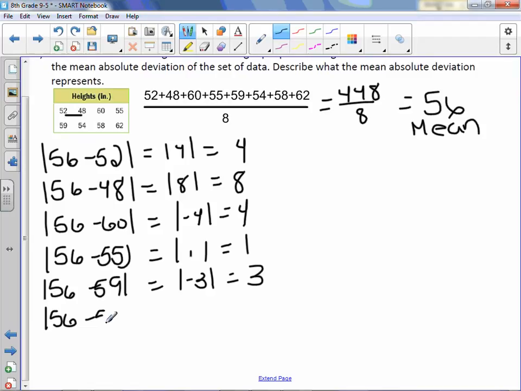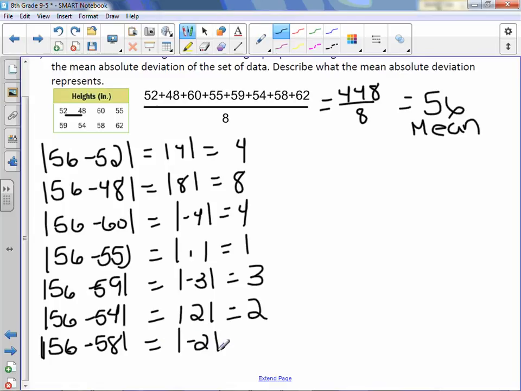56 minus 54 is 2. The absolute value is 2. 56 minus 58 is negative 2. The absolute value of which is 2. And one more.